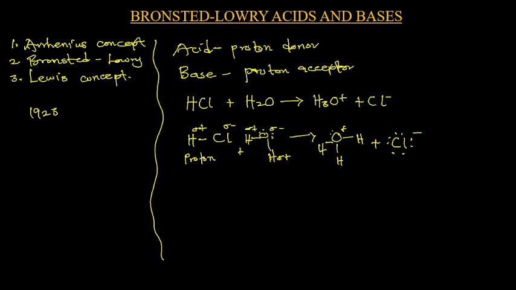So in this case, we'll say that HCl is donating the proton to the water molecule. So HCl, being the one donating the proton, becomes the acid, and the water molecule accepting the proton becomes the base. So that is the Bronsted Lowry concept of acid and base.